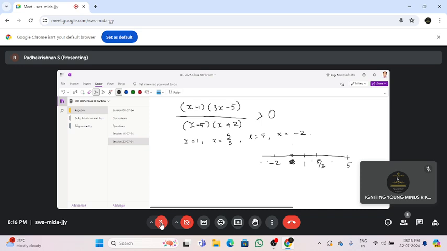if you take this range here, all these 4 terms, x minus 1, 3x minus 5, x minus 5, x minus 2, all are negative. In the minus infinity to minus 2 range, all are negative. So negative into negative, negative into negative, so positive by positive, it is greater than 0. So it will be positive. Here you put positive. Once you put the first one as positive, automatically, because only one sign changes here, right?